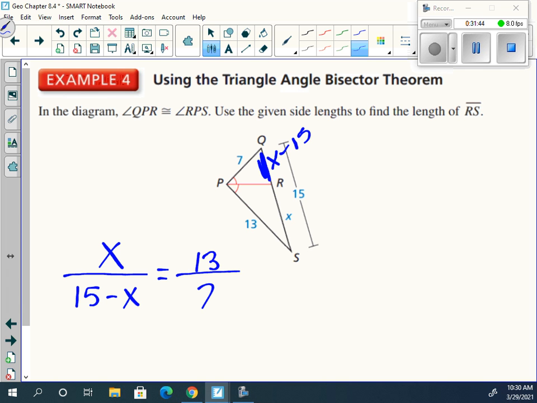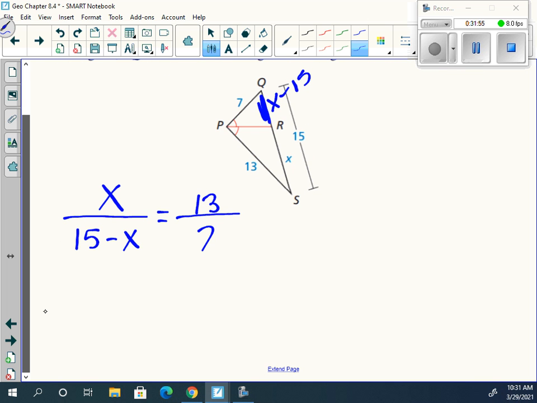The fact that they changed that one part, they gave us x and the whole length being 15, has made the problem a little bit different. It's not that it's made it any harder, it just made it a little bit different. So questions on how we got this set up? So we're good with how this is set up and how this is working so far, yes?